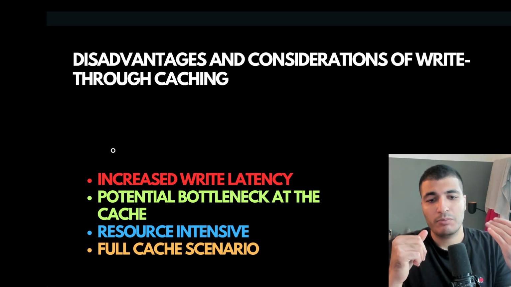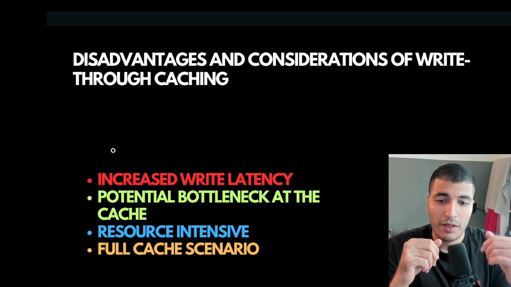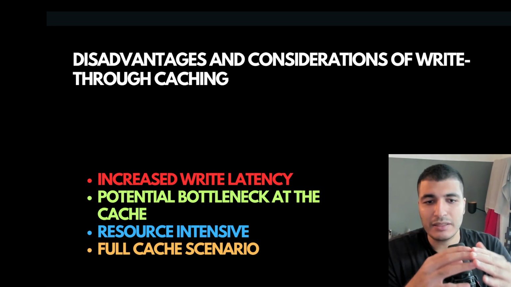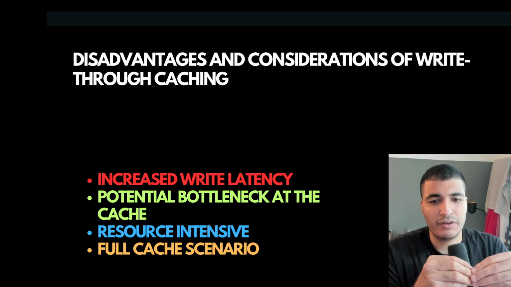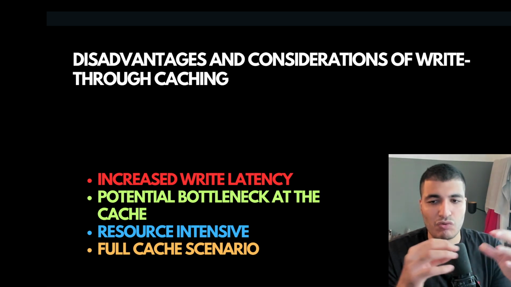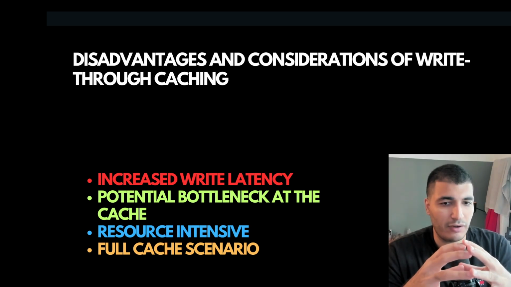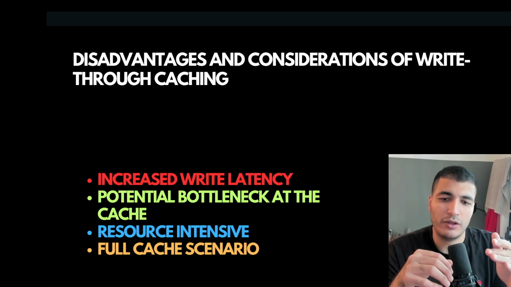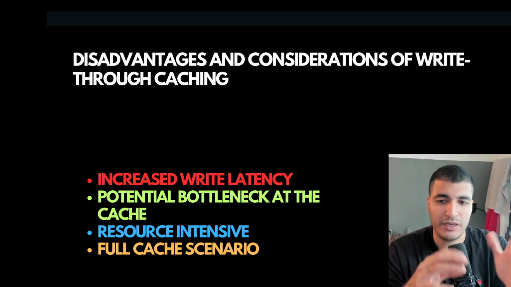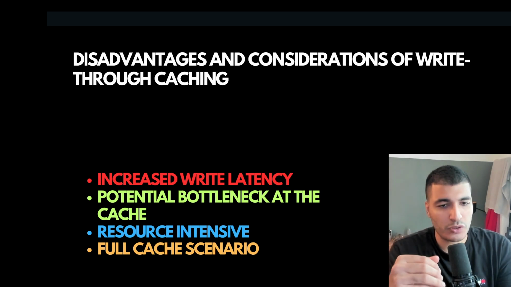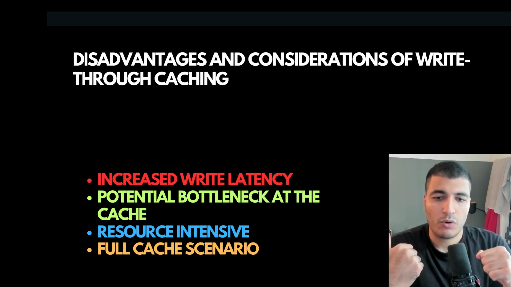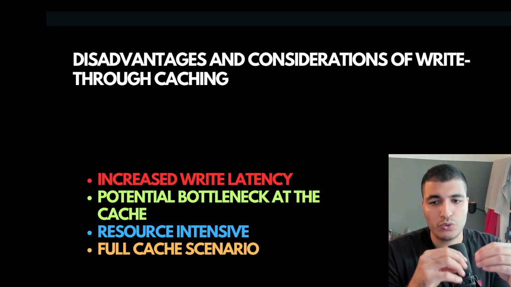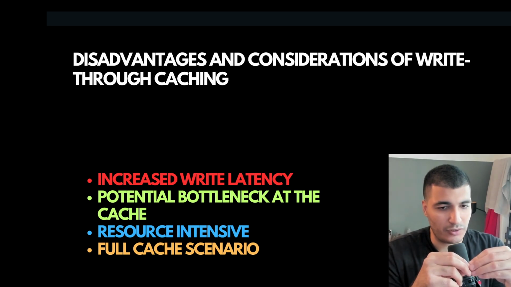Number two, potential bottlenecks at the cache. The cache itself can become a bottleneck if it can't handle the combined load of serving reads and performing synchronous writes to the database for every update. Number three, resource intensive. Writing to two systems for every update consumes more resources, CPU and network, compared to strategies where writes might only go to the database or only to the cache initially.